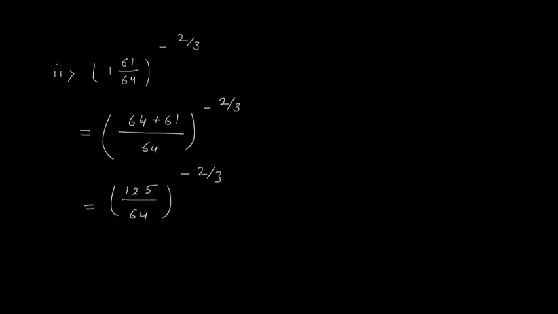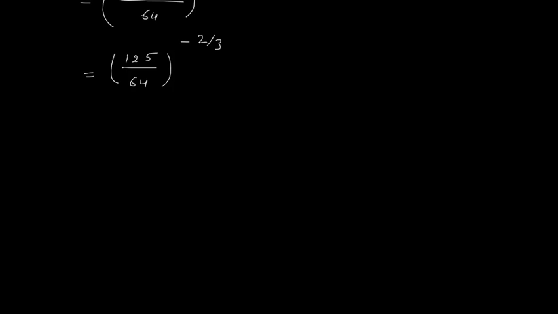Now here this 125, you can factorize it. This 125 is 5 power 3 and this 64 is 2 power 6, or we can say this is 4 power 3, better we write 4 power 3, and then we have whole power minus 2 by 3. Now you wonder how I am getting 125 as 5 power 3. For that you can factorize 125.